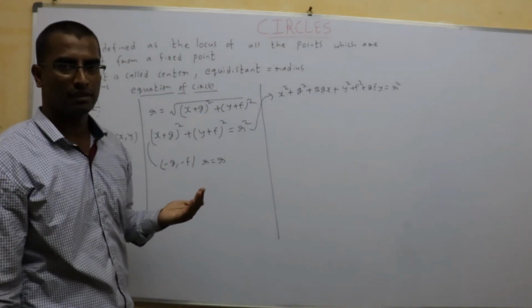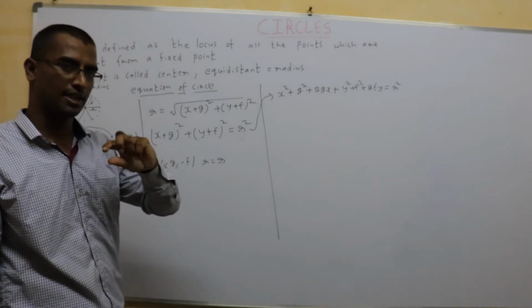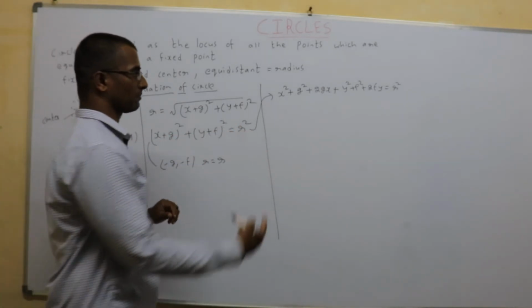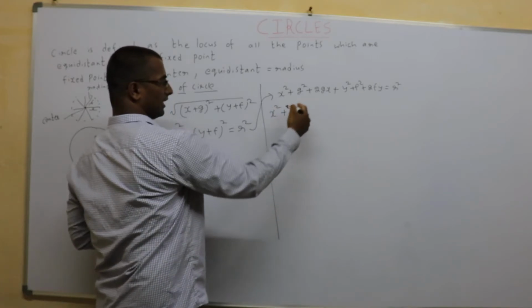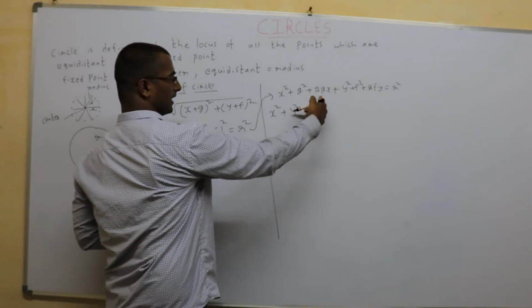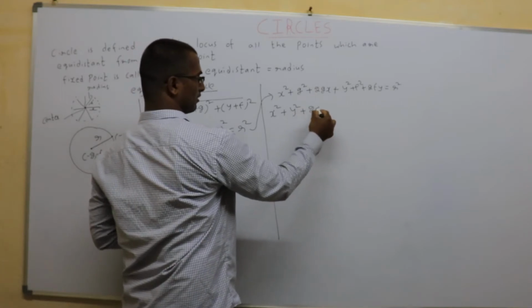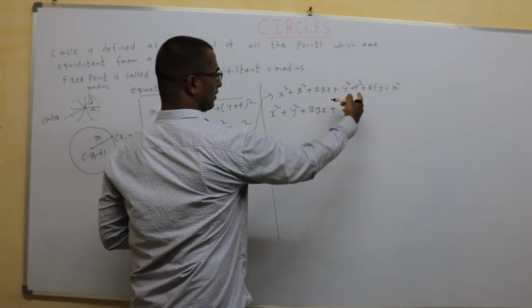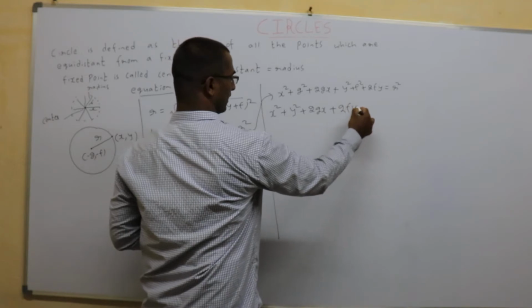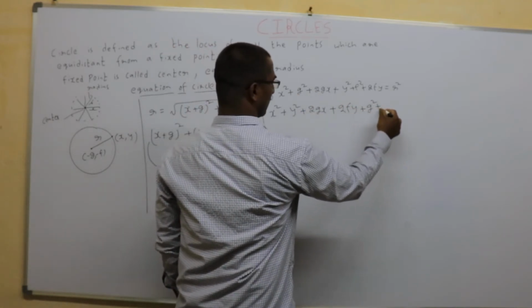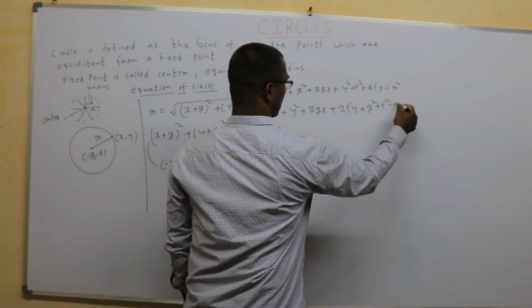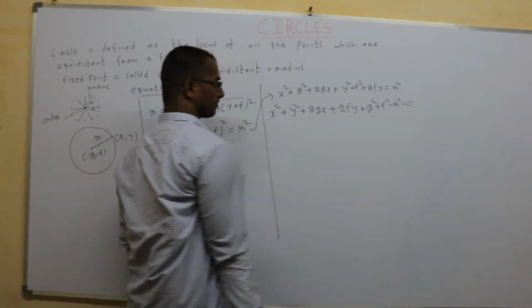Now bring all to one side and the equation of a circle is written in this form. First we write x square, then y square, then the x term 2gx, then the y term 2fy, then the constants g square plus f square minus r square equals 0.